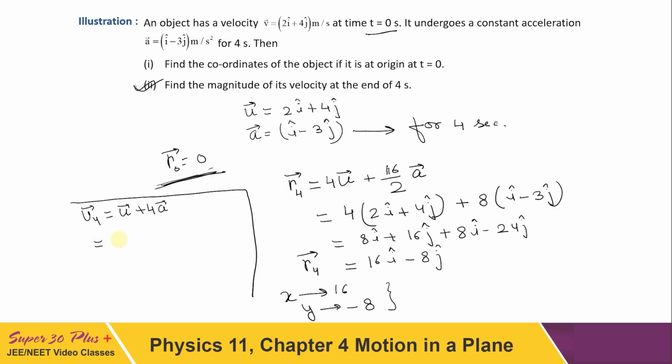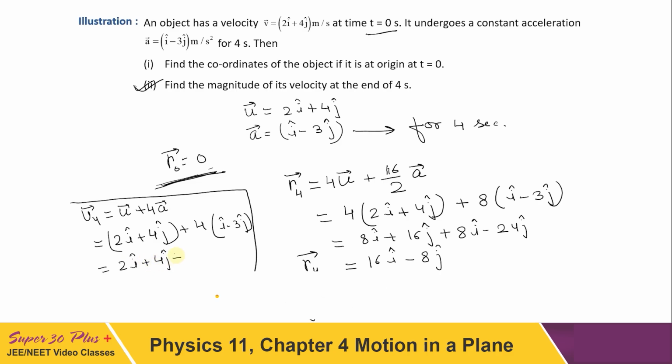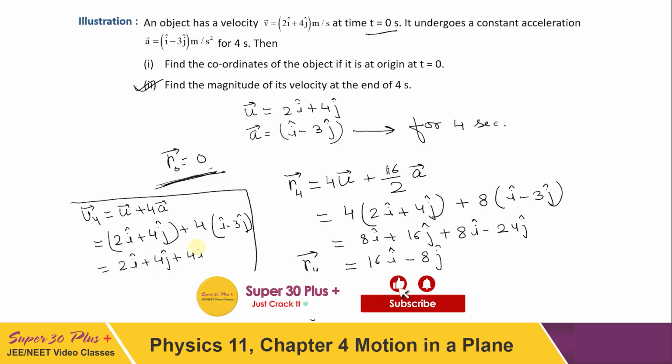That will be equal to 2i plus 4j plus 4 times a, which is i minus 3j, which is 2i plus 4j plus 4i minus 12j.